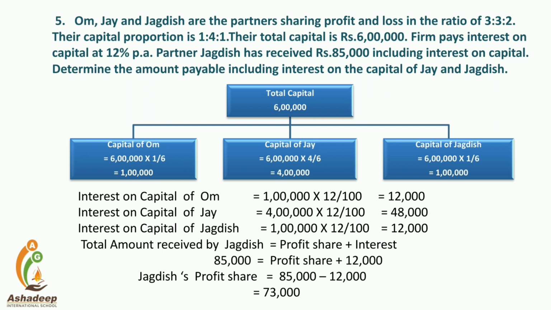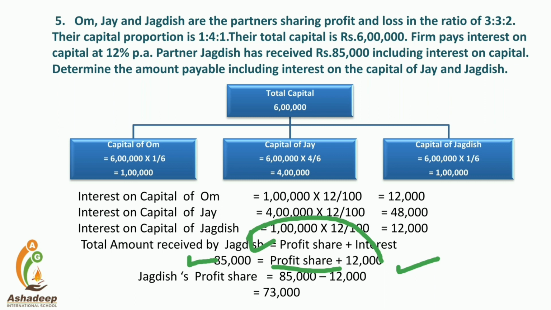So total amount received by Jagdish is 85,000. Interest is 12,000. So the remaining amount is definitely what? That is profit share. So this 12,000 we have to put here and it will become a negative. So 85,000 minus 12,000 is equal to 73,000. This 73,000 shows profit share of Jagdish.